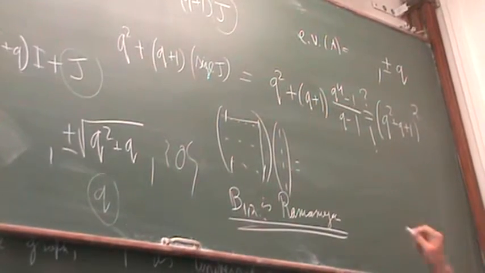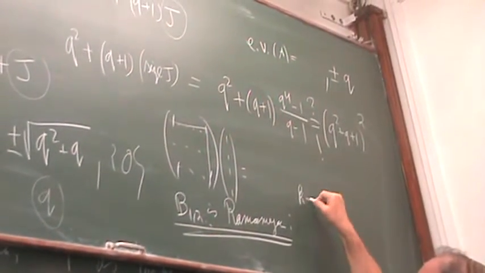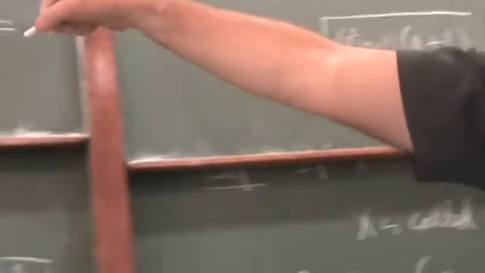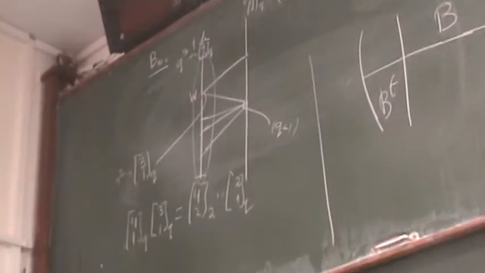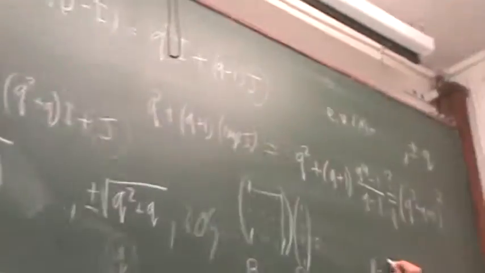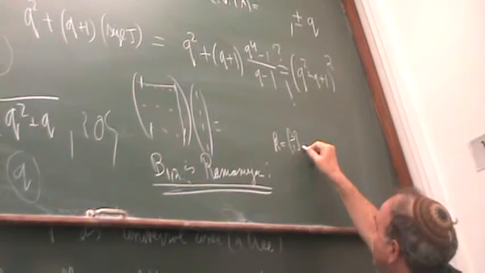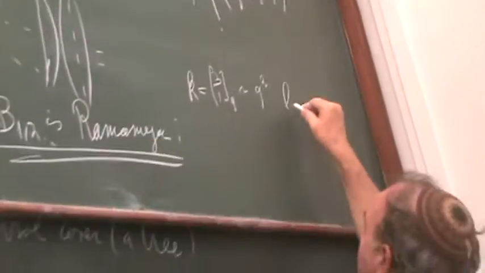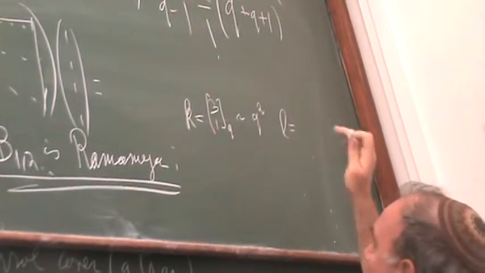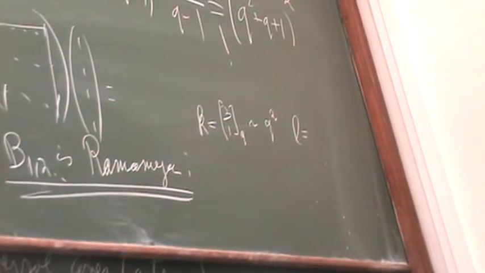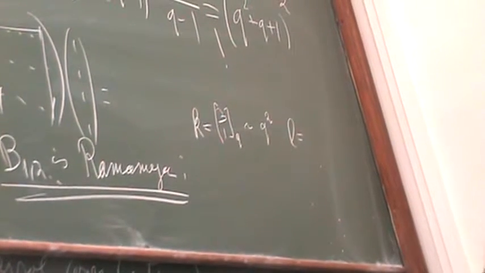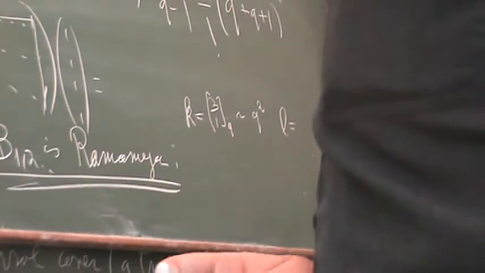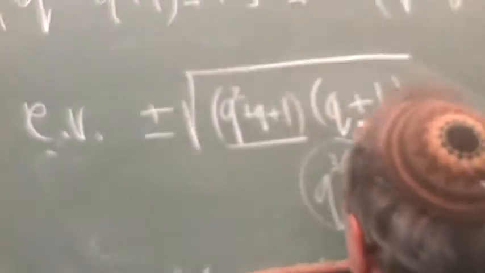Okay, let's check why. Let's recall, what was K in this case? It was like 3 over Q, approximately Q, and N is Q squared. K, N and L are written there. The eigenvalues are plus or minus the square root of the product of K and L. So K is this and L is that.